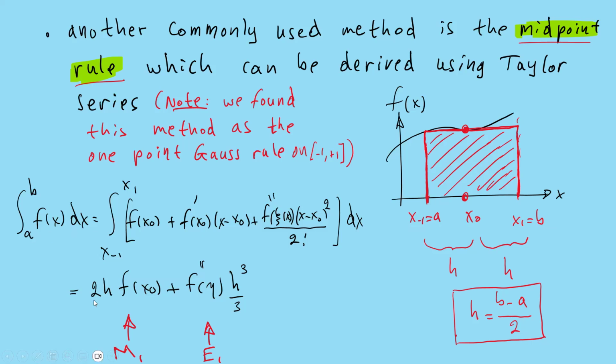And the answer becomes this: we have 2 times h times the value of the function at the midpoint. The error for the midpoint is approximately h cubed, and we find the step size for the single midpoint by this equation, b minus a over 2.